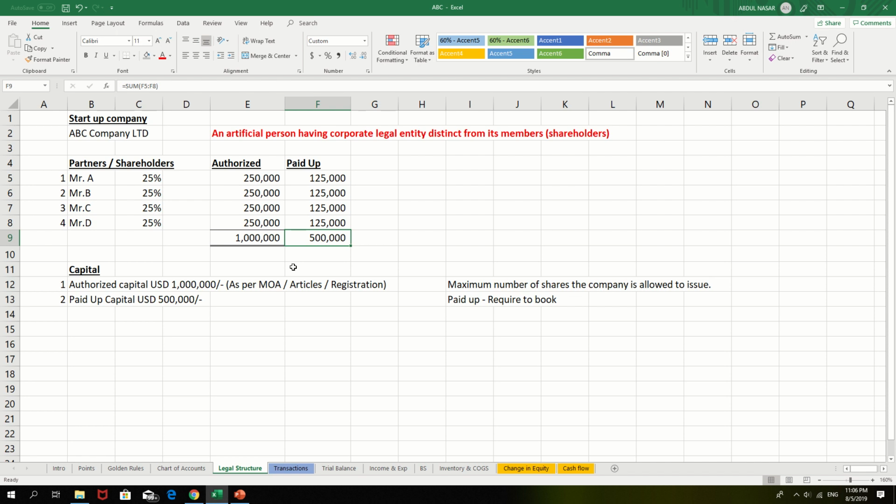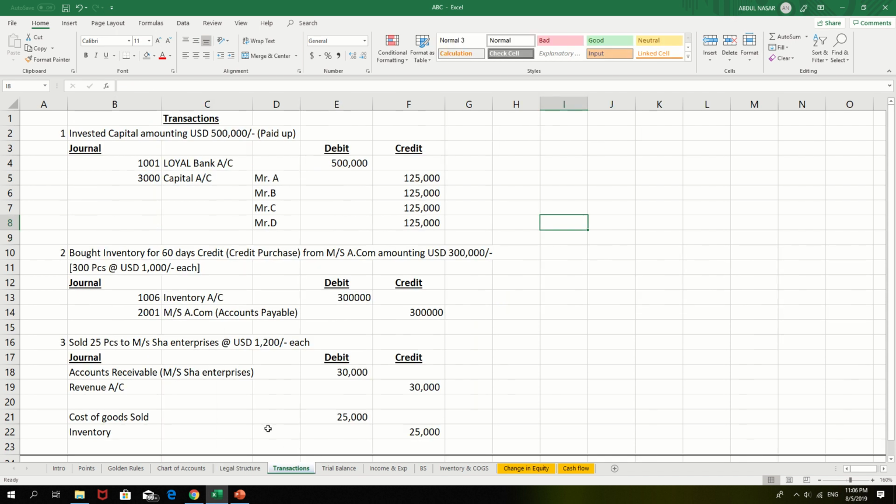Now the entry will be what? Yes, cash or bank account debtor to capital, right? Okay. Now this cash or bank account debtor to capital account, we will book like this: ABC company has a bank account. They received the 500,000 in the bank account, and the capital accounts of A, B, and C, or whatever, you can book all together in one account also.